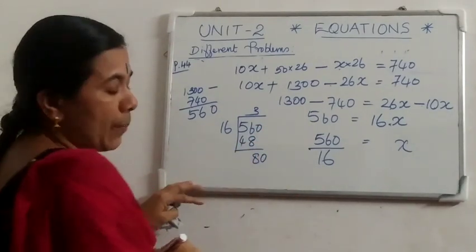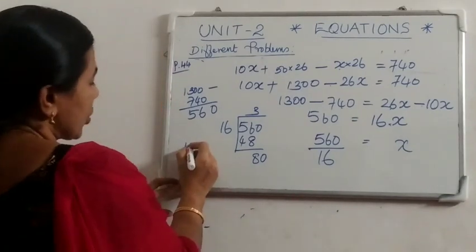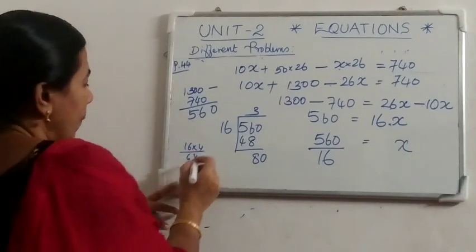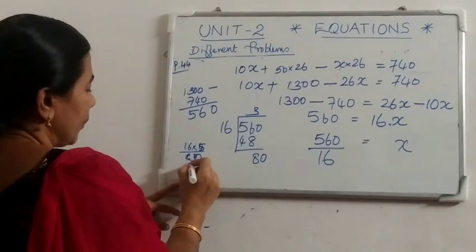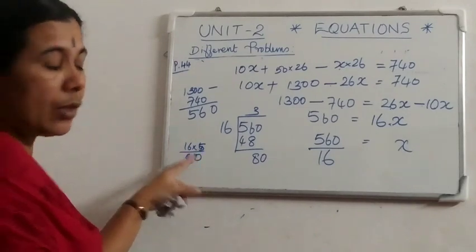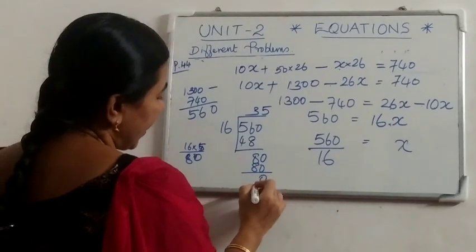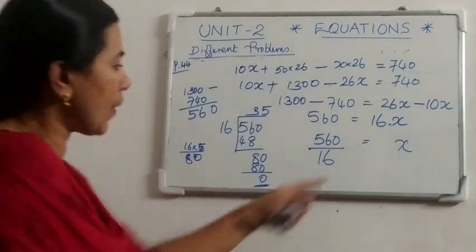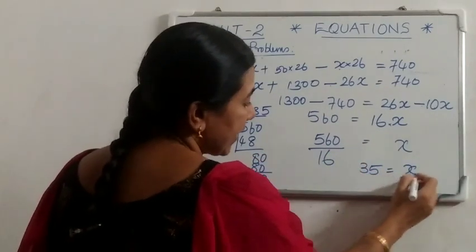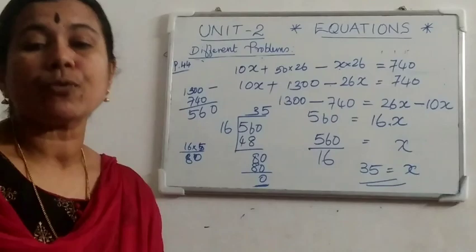Then next number is 0, so 80. 16 in 80, how many times? 16 into 5 is 80. 5 times, remainder 0. Therefore, what is x? We got x as 560 by 16, which is 35. X is 35, and what did we take x as? X is the number of children.